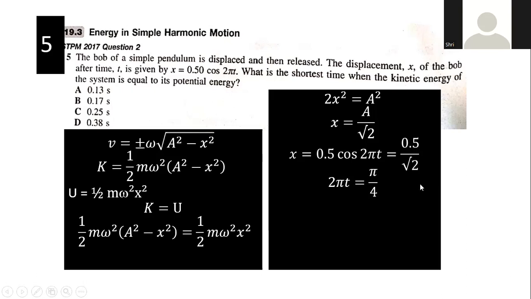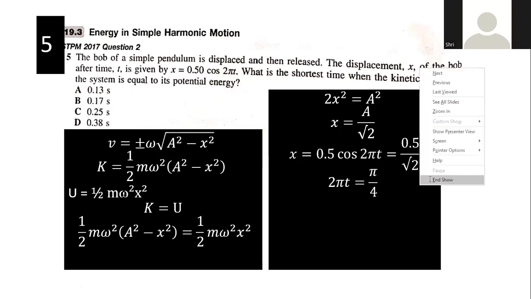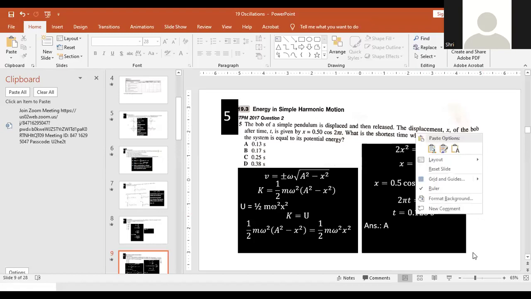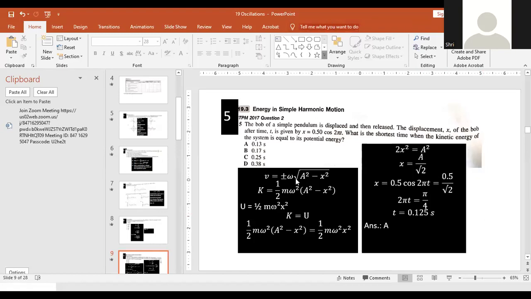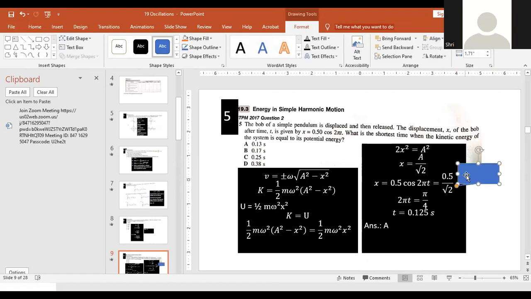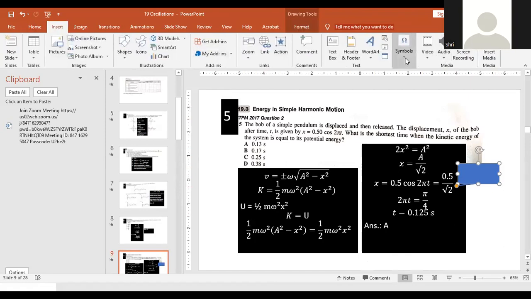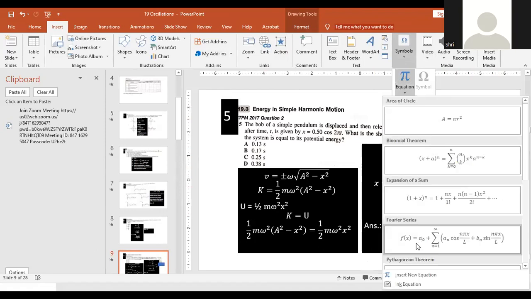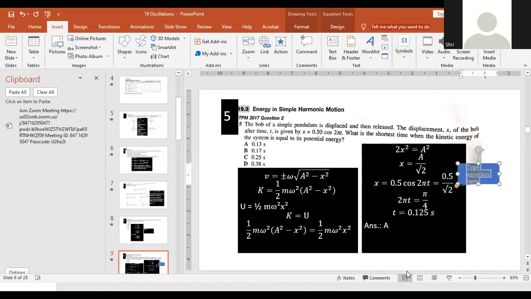Yeah, cos of 1 over root 2 is, you cannot see that? 1 over root 2, triangle, 45 degrees.